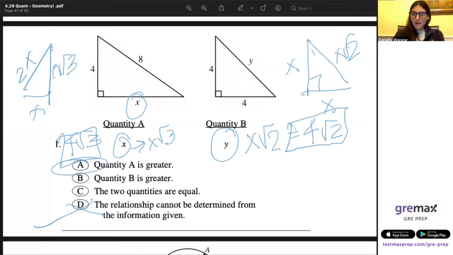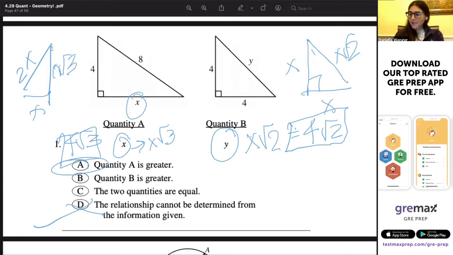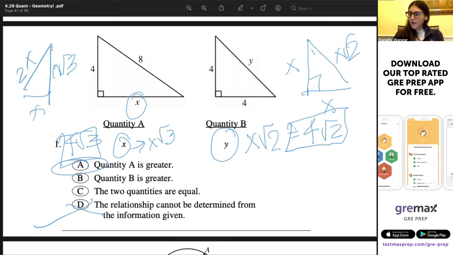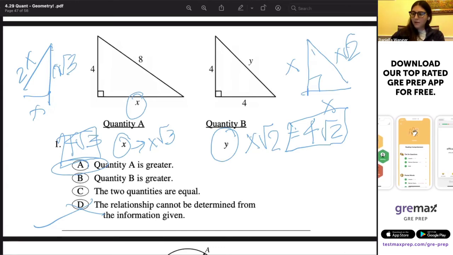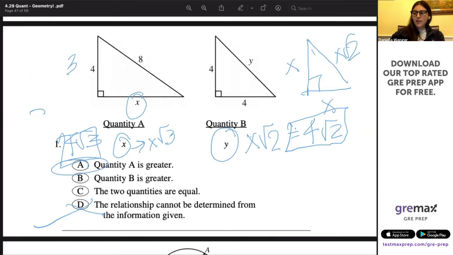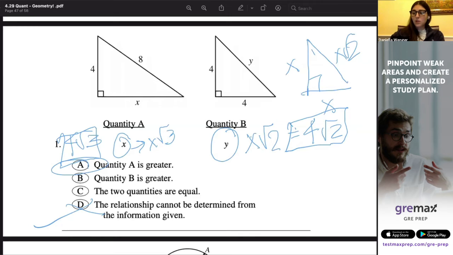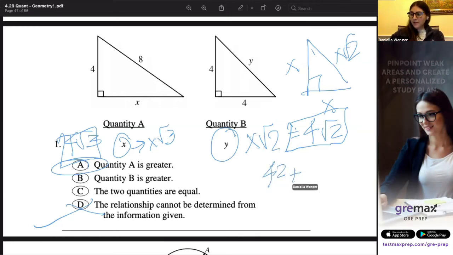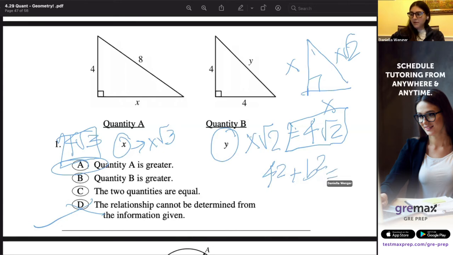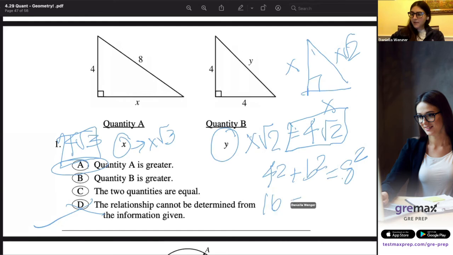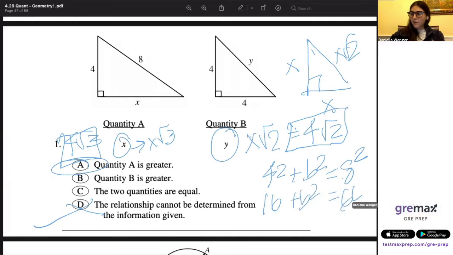Let's say we forgot. I know we're short on time, but let's take a second here, and let's say we forgot this framework here. We forgot what this looks like. What could we do? If we remember the x root 2, but we forgot the other one, it's okay. We could use the Pythagorean theorem and solve: 4 squared plus b squared equals 8 squared. 16 plus b squared equals 64.